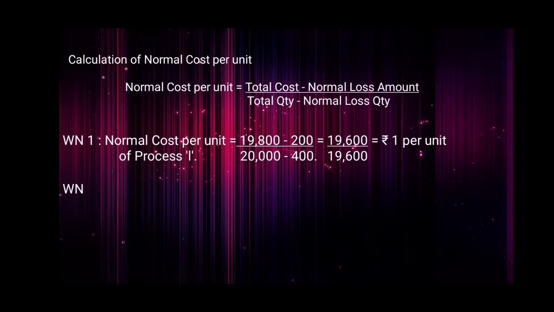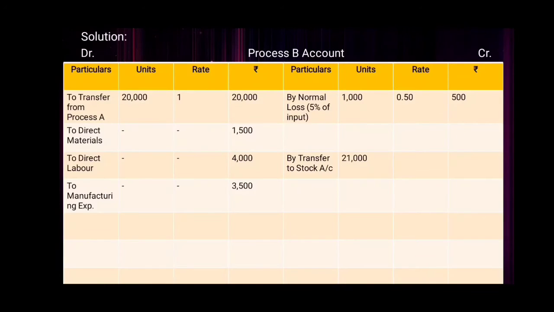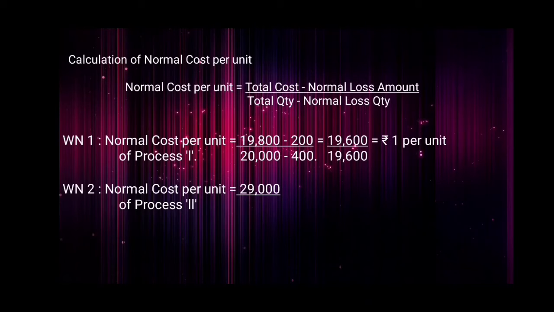So let us prepare working note number 2. Normal cost per unit of process B is equal to total cost minus normal loss amount, divided by total quantity minus normal loss quantity. The total cost amount will be 20,000 plus 1,500 plus 4,000 plus 3,500, so the amount will be 29,000 minus normal loss amount.